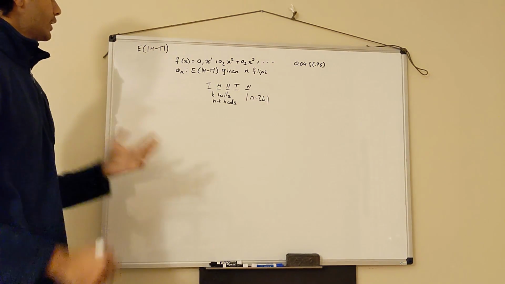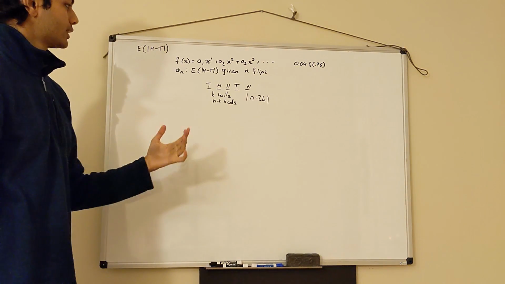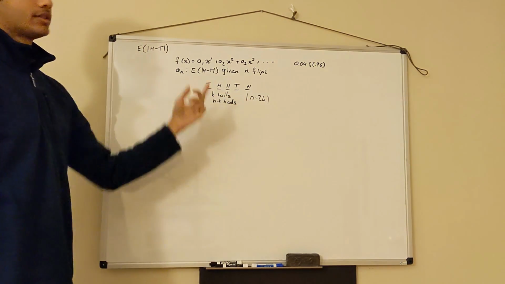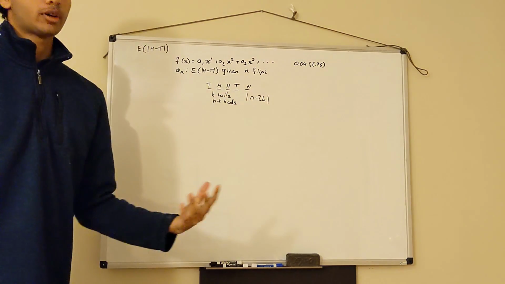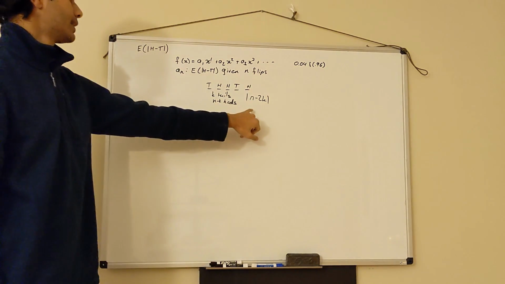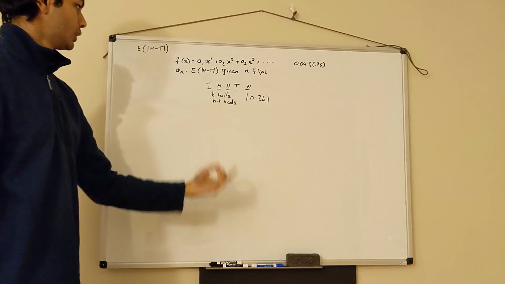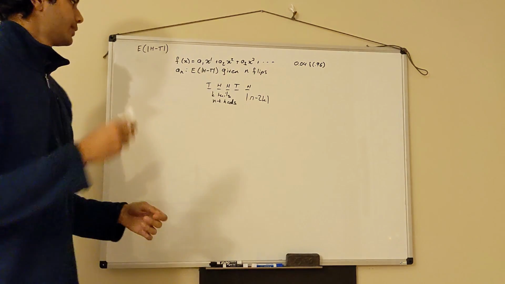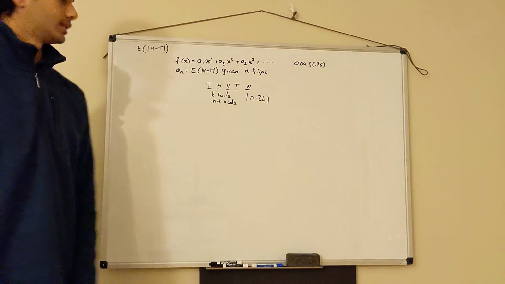And so you want to calculate that times the probability that, for example, here you have 3 heads and 2 tails, and sum that up for all possible combinations of k tails and n minus k heads.